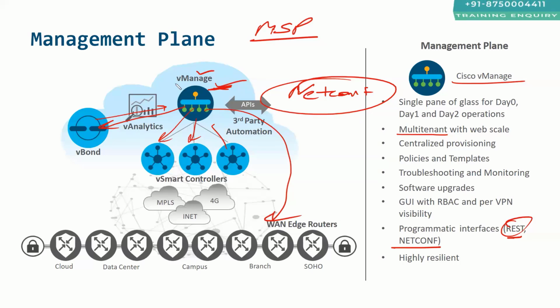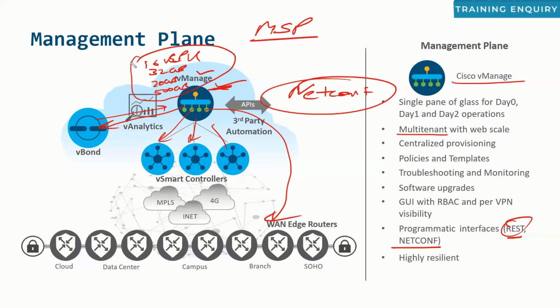To deploy just one vManage, you need 16 virtual CPUs, 32 GB of memory, one hard disk of 20 GB, another hard disk of minimum 500 GB, and only SSD is supported. That many resources would be required at minimum for vManage to work, and that is for a single vManage.